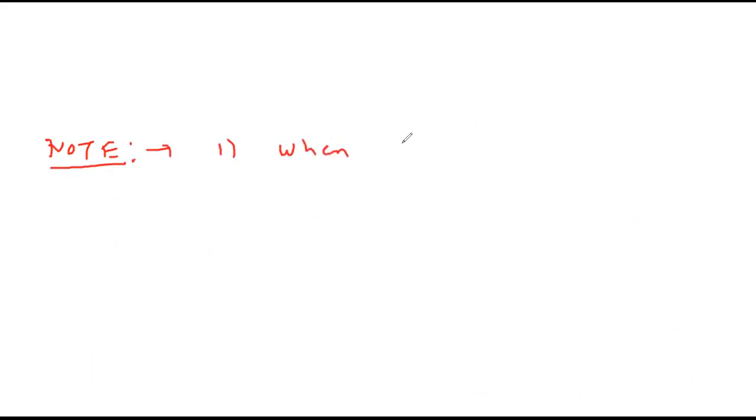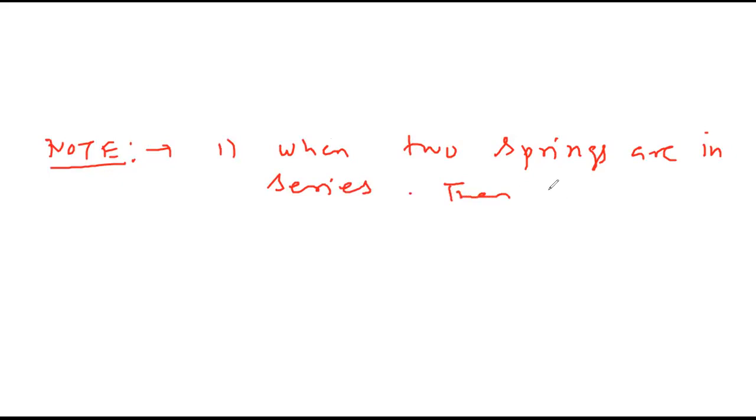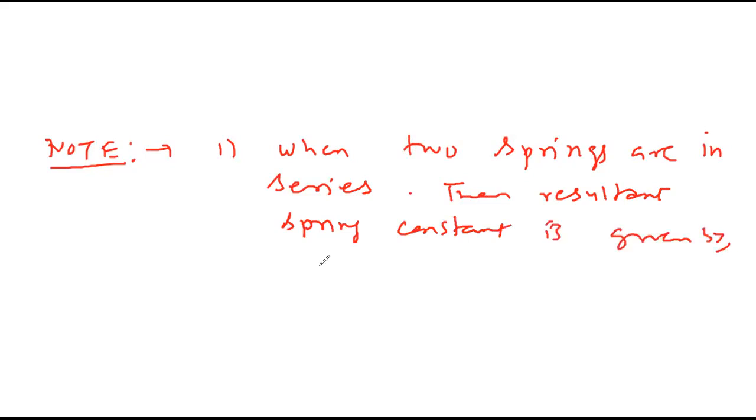When two springs are in series, then the resultant spring constant is given by 1 upon k in series is 1 upon k1 plus 1 upon k2.